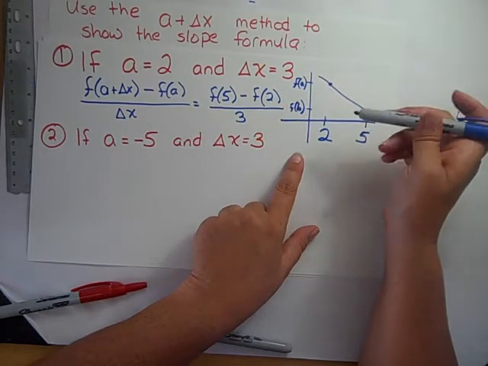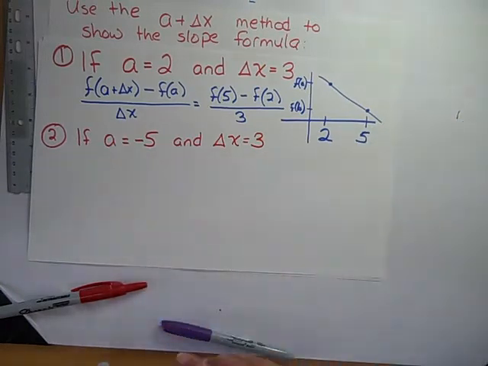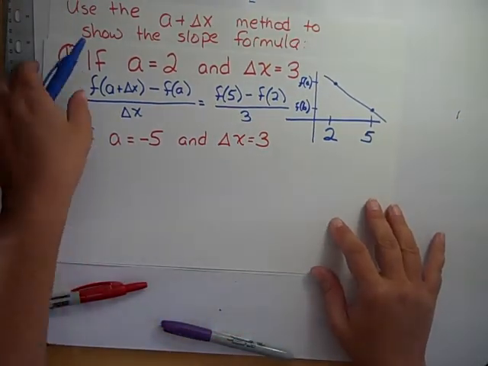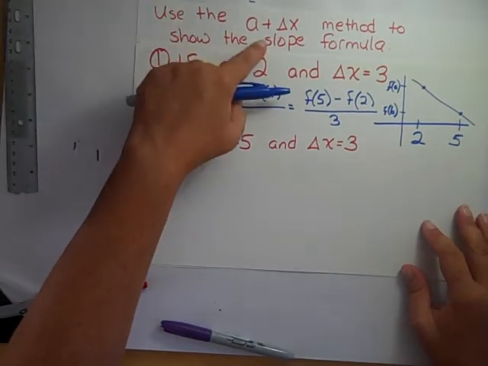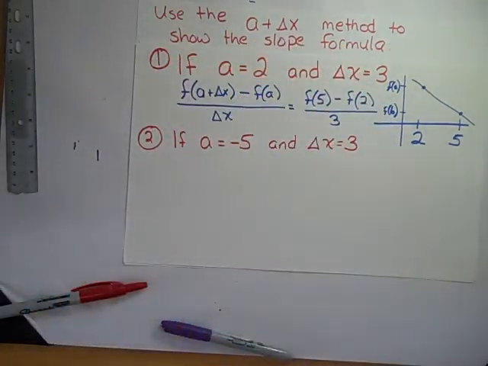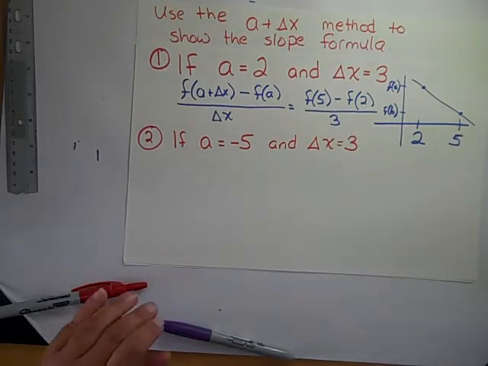Okay, let's look at number 2. Use the a plus delta x method to show the slope formula if a equals negative 5 and delta x equals 3. Pause the video and try that on your own.